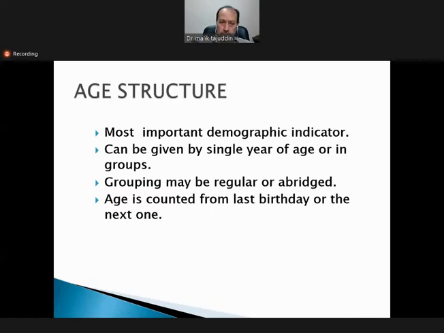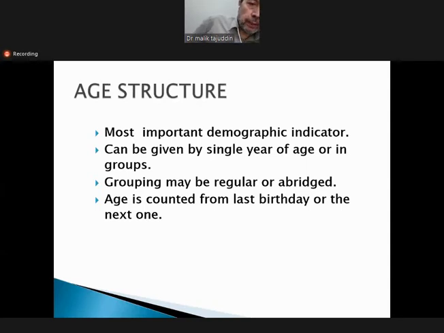So the most important demographic structure or indicator is the contribution of different age groups of people in that country, along with the sex contribution.